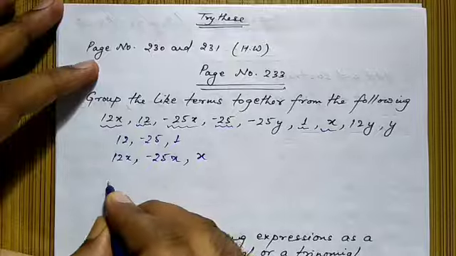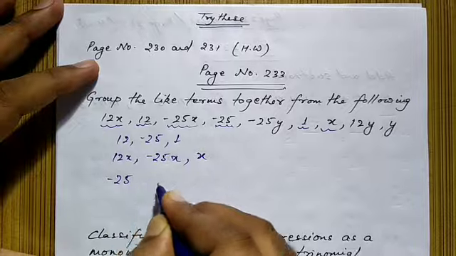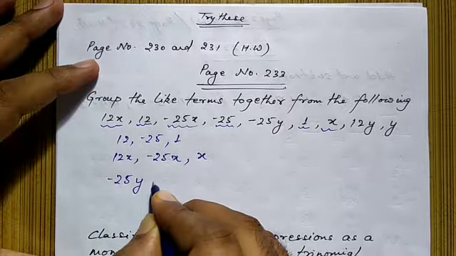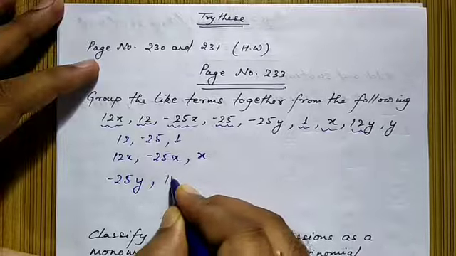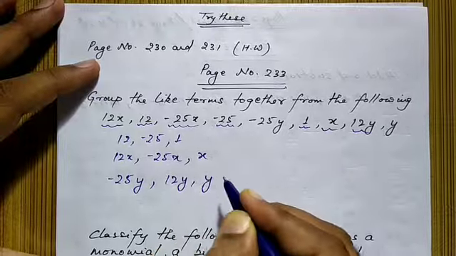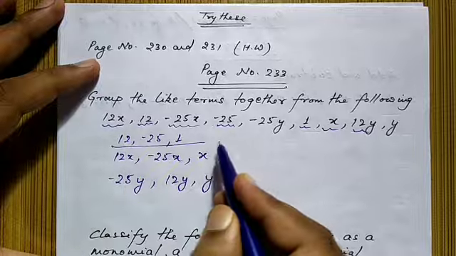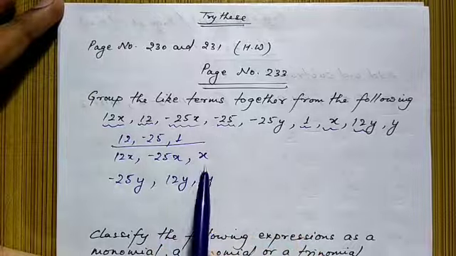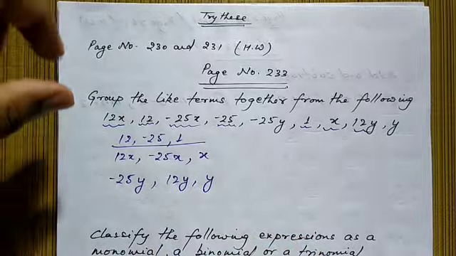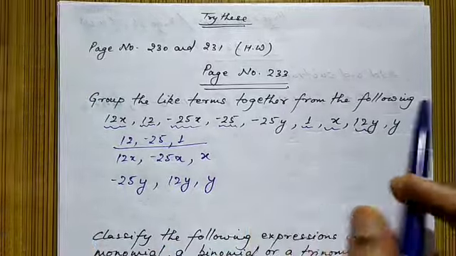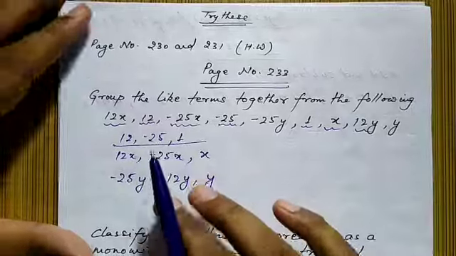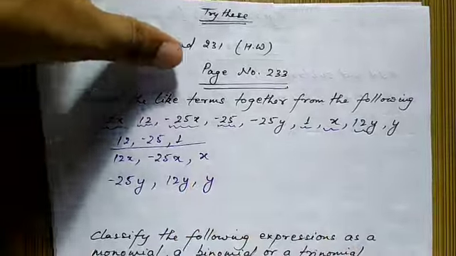Now y, minus 25y, 12y and y. So this is one group of like terms, here second and here third. Only you have to group the like terms together from the following. This is given and you have to group it.